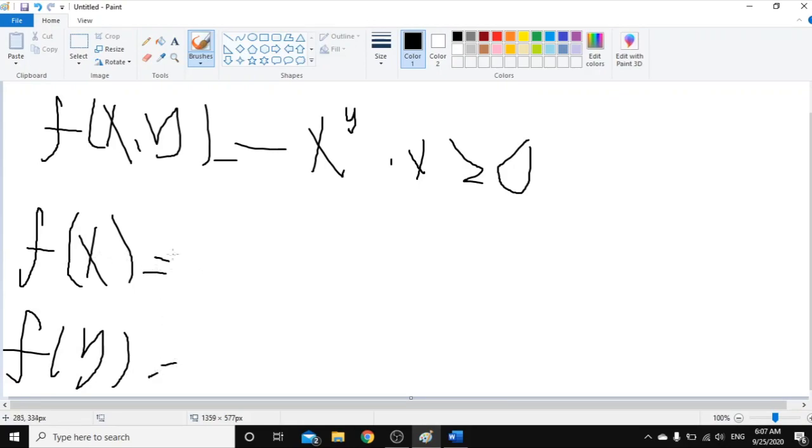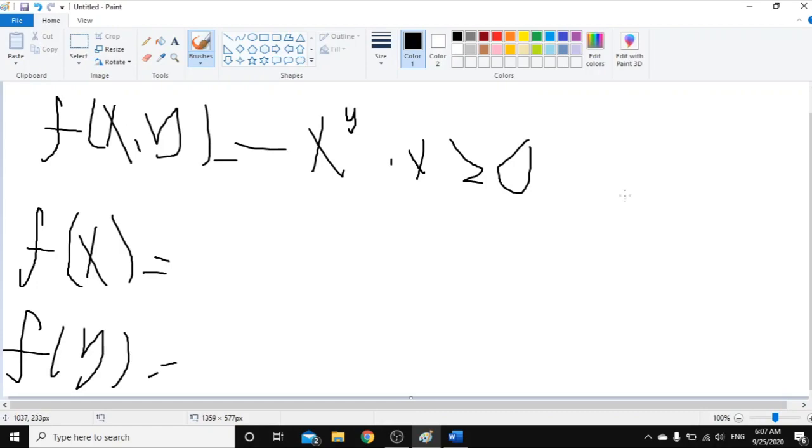To solve this with respect to x first, you need to take the normal derivative with the x.